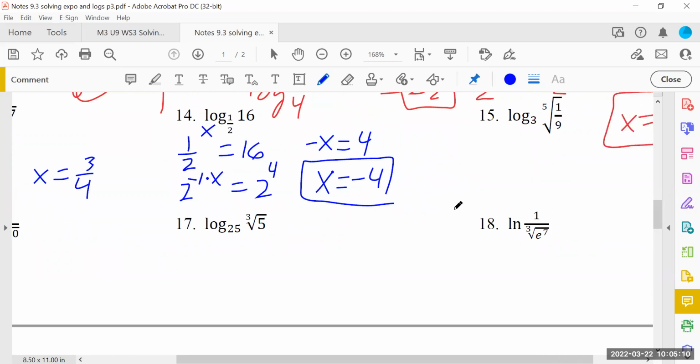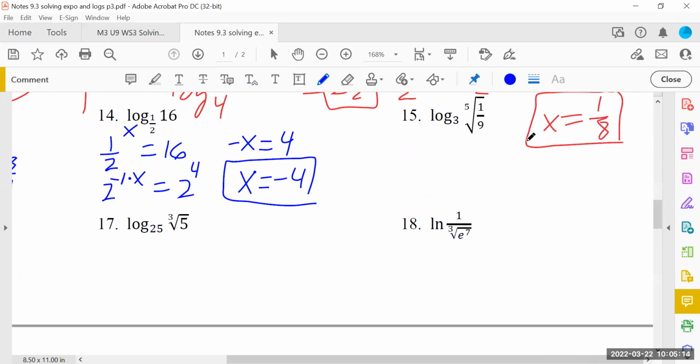Again, 15 is right on the edge. You could do it either way. Let's do this one the old way one more time so we see that again, because I want you guys to have as many tools as you can for solving these. So let's just see if I can write it as 3 to a power. Log base 3 of 1 over 9. How do I get 9 out of 3? 3 to what power makes 9? I heard a 2 and I heard a negative, right?